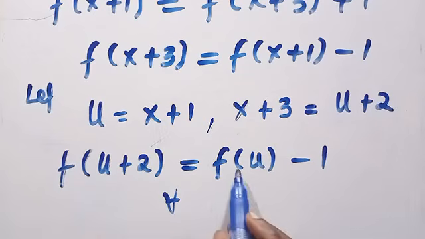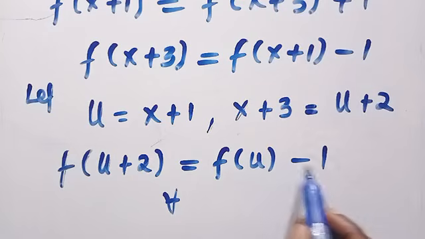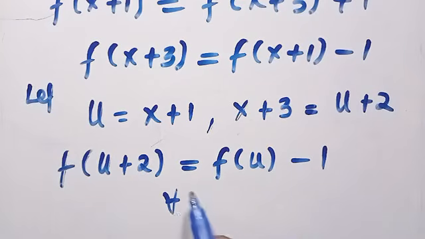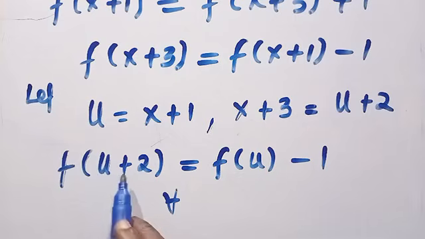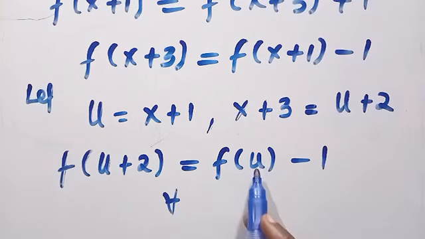We have f of u plus 2 equals f of u minus 1. We want to show that for every f, when it decreases, then the argument increases by 2. And how do you know that? Suppose we consider this as an argument which always increases by 2.